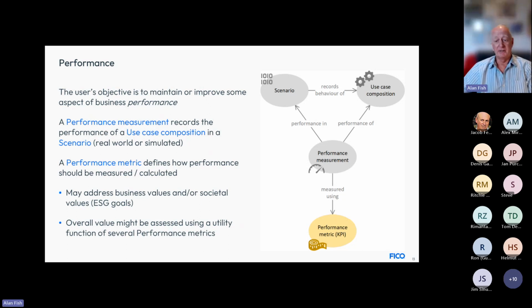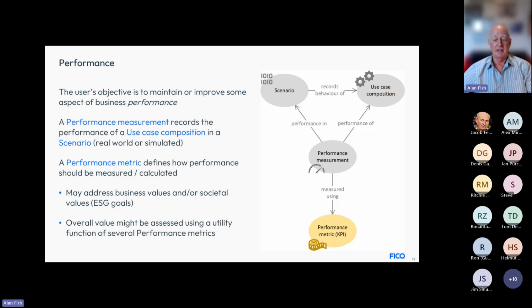The performance metric defines how that measurement is made from the data. We can call high-level metrics KPIs. We can call low-level metrics features. There are a few words being used in the field. I'm not going to distinguish between them here. I'm just going to call them all performance metrics.